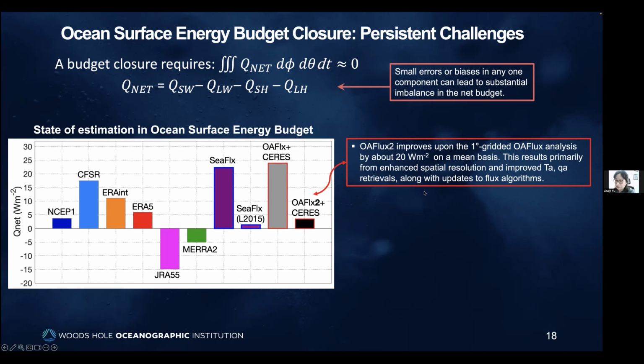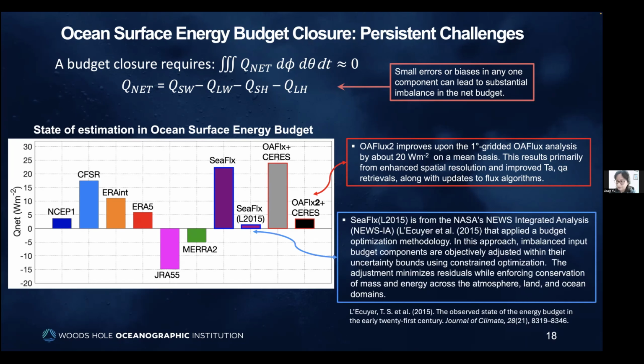And we come to this balance without any adjustment. It's only the improvement of the retrieval algorithm and modifications to the flux parameterization. And FluxCDR 2015 is from NASA's new integrated analysis platform that applied a budget optimization methodology.